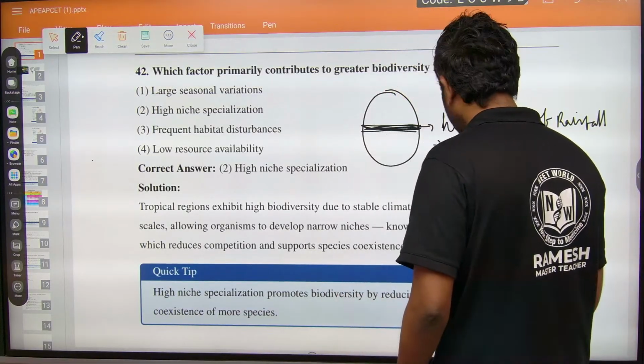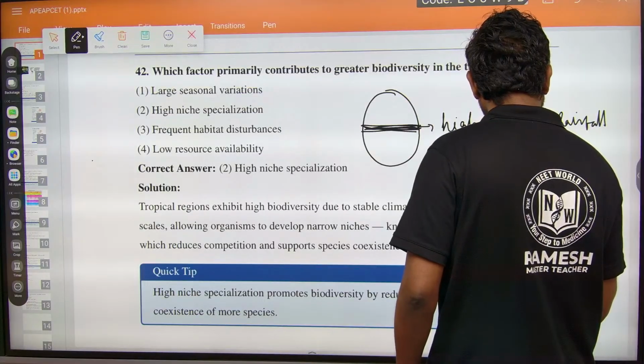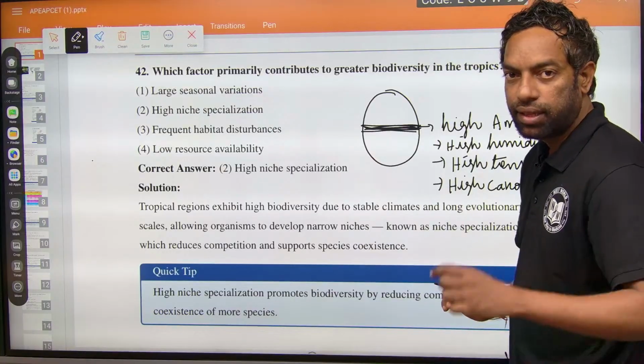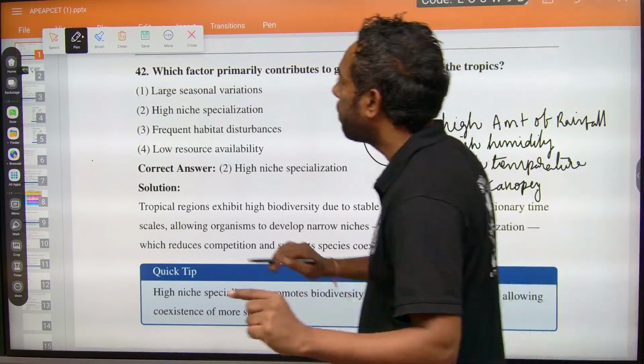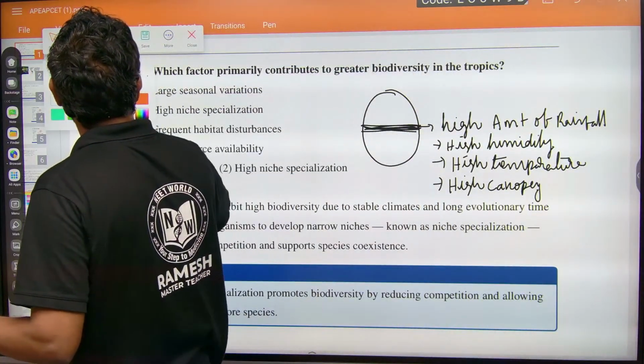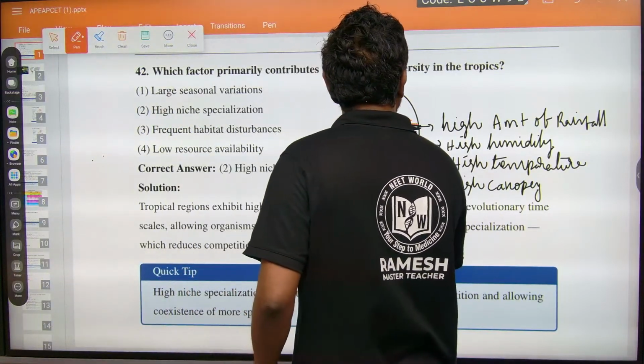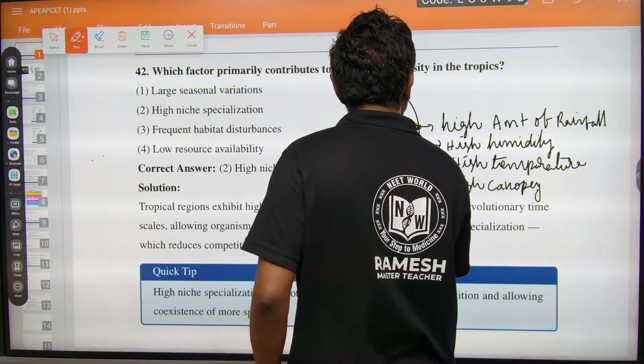Canopy means tree cover. The adjacent area of the equatorial region is the tropical region.